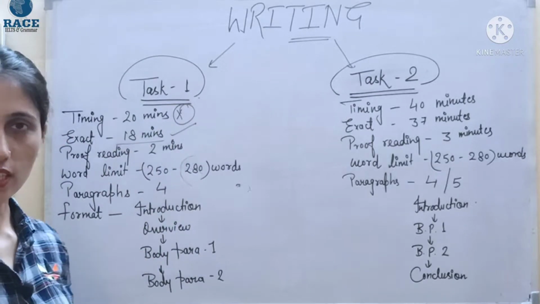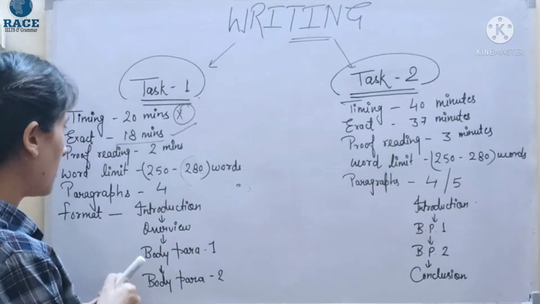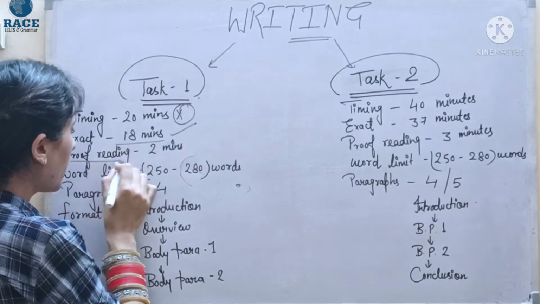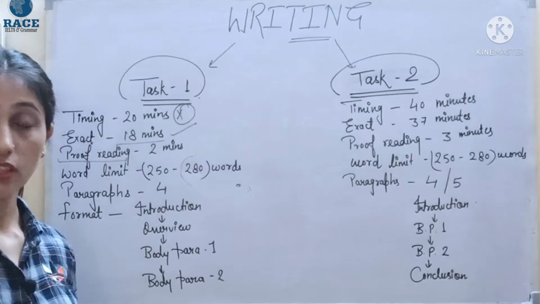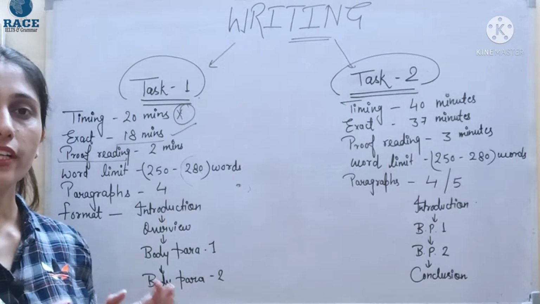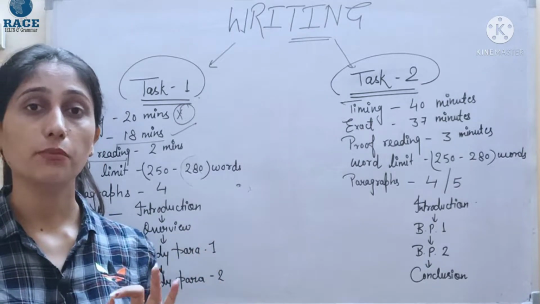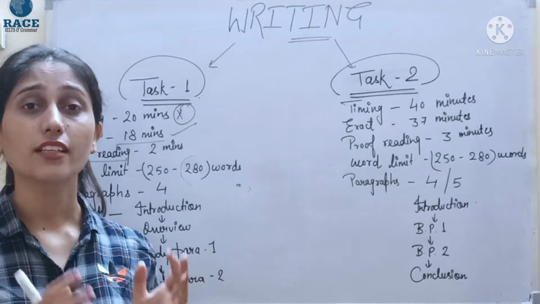We have to finish our answer within 18 minutes. Why 18 minutes? Because proofreading is very necessary in the writing section. If you avoid proofreading, definitely 0.5 band will be deducted, so your score can be devastated.